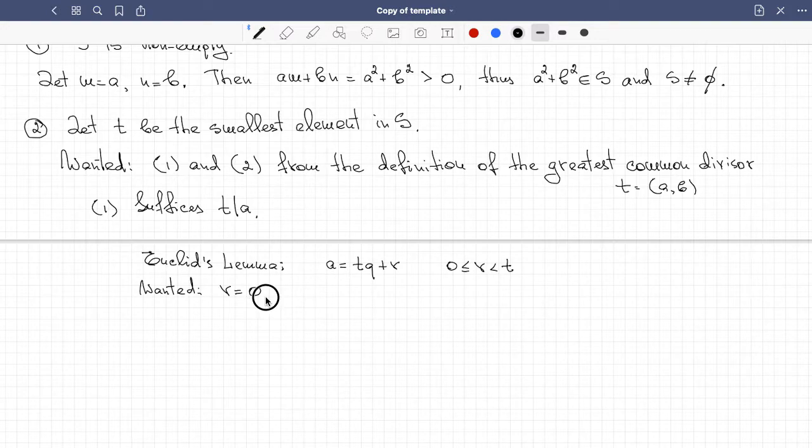The argument which we apply will go this way.